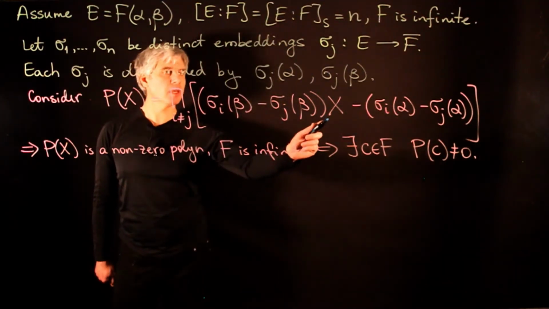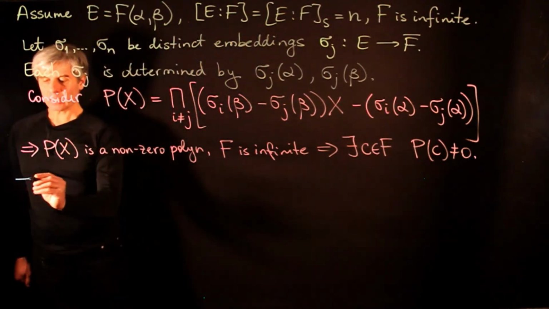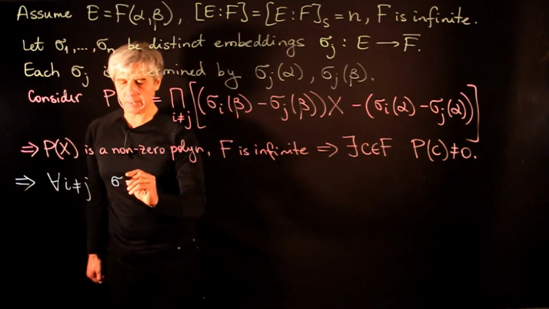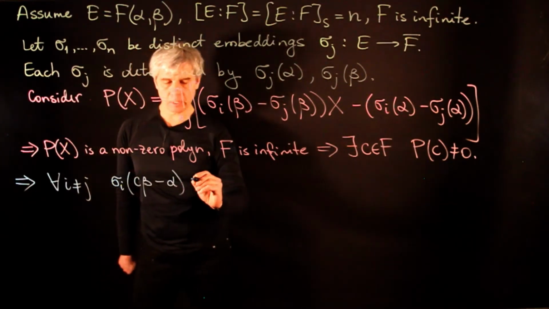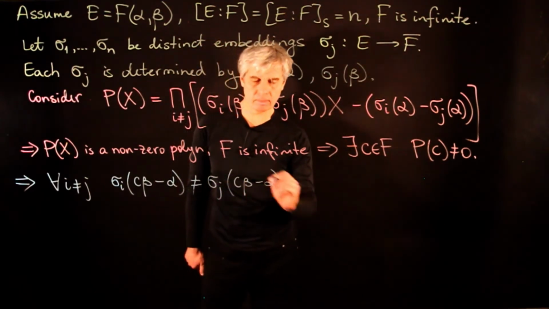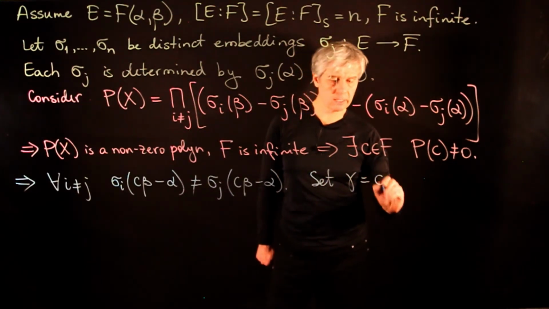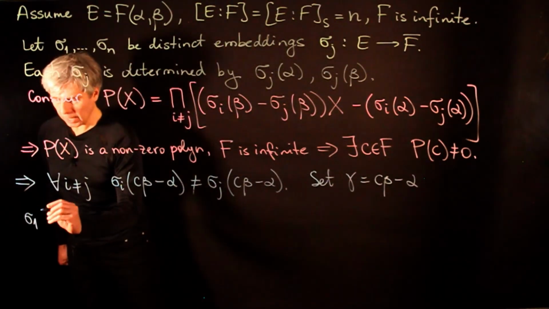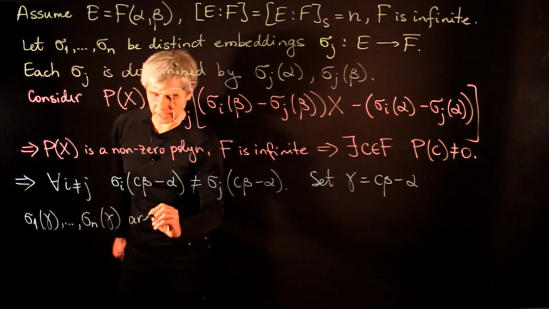This tells us that when we evaluate x at c, each factor in this product is going to be non-zero. This can be expressed in the following way: for all i different from j, sigma i of c beta minus alpha is not equal to sigma j of c beta minus alpha. This gives us a primitive element. So we set gamma to be c beta minus alpha, and what we see is that sigma 1 of gamma through sigma n of gamma are all distinct.